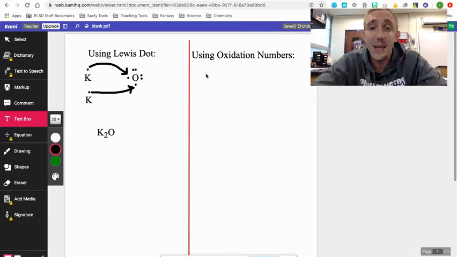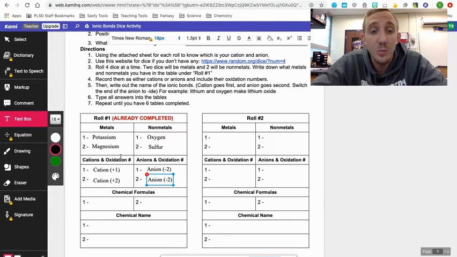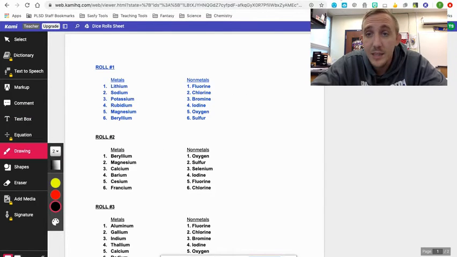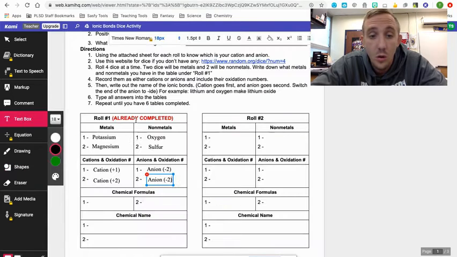Okay, I'm going to go ahead and show their oxidation numbers. Now, let's look. Potassium, its oxidation number is +1, okay? And so if I look, potassium is +1, okay? And if I look at oxygen, it's -2, all right? And so I've written -2 for oxygen.